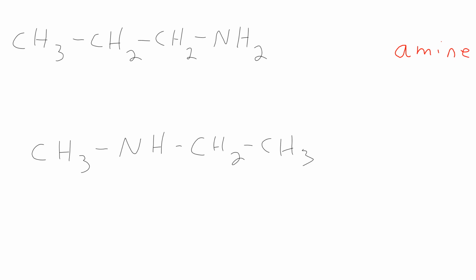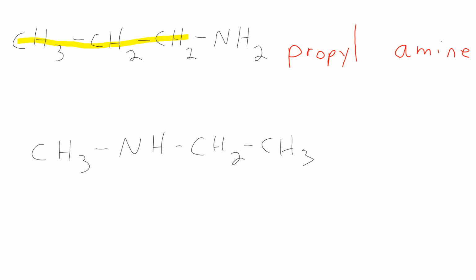Now we're looking at just naming the groups that are bonded to that nitrogen. Bonded to this nitrogen, I have a 3-carbon chain. What will we call a 3-carbon chain? We will call a 3-carbon chain prop. So we name this amine propylamine. No numbers, very similar to what you saw with the ethers.